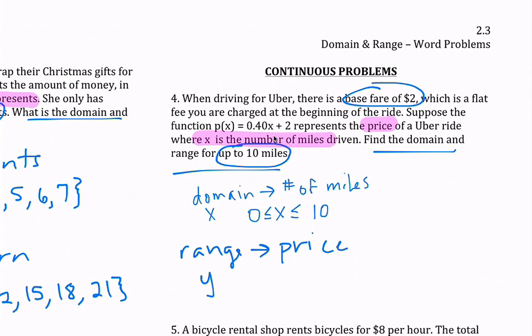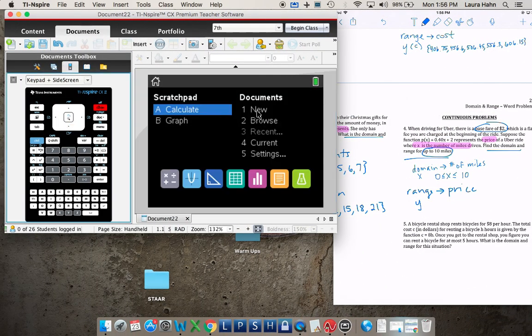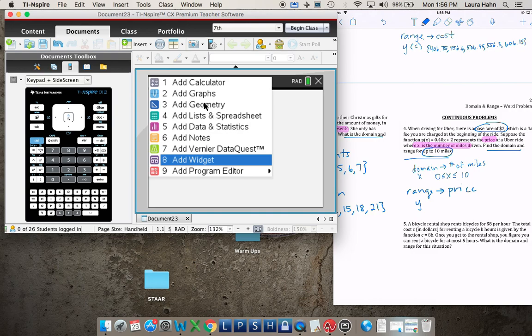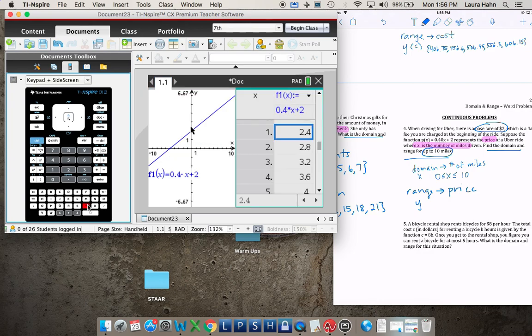So what I'm going to do is use this same equation. I'm going to type it in and I'm going to go to my table. So the equation it gave me is 0.40x plus 2. And that's what it looks like. And I'm going to press Control T.